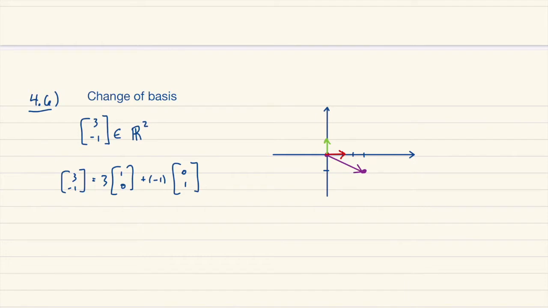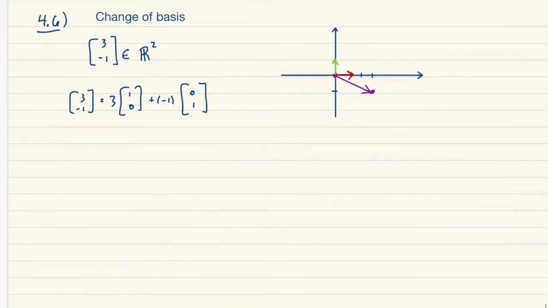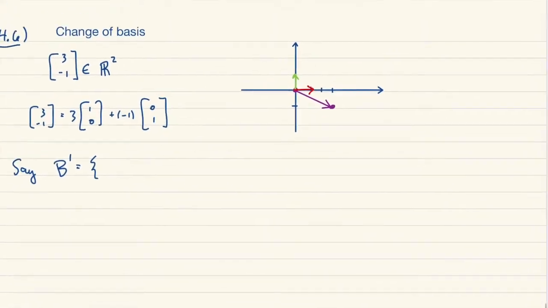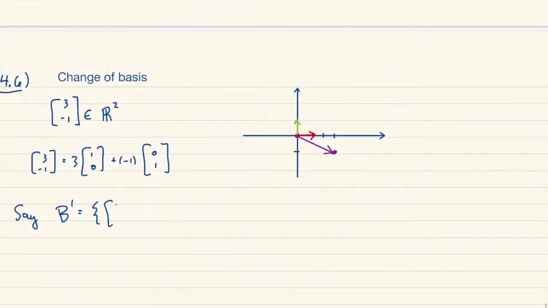And it turns out that we can actually do this for any basis. So the first thing I want to do is, let's say I have a new basis for R2. Let's say (2, 1) and (5, 3).